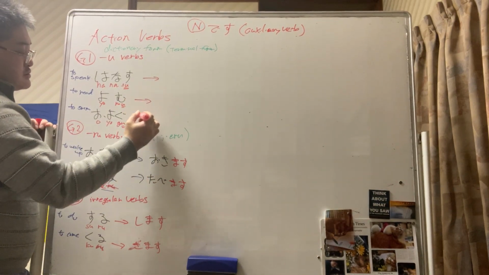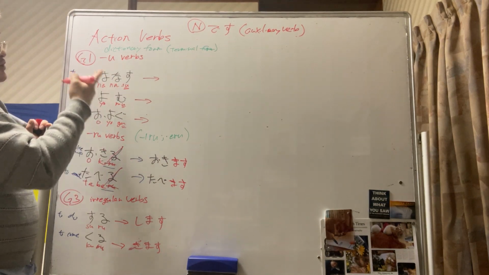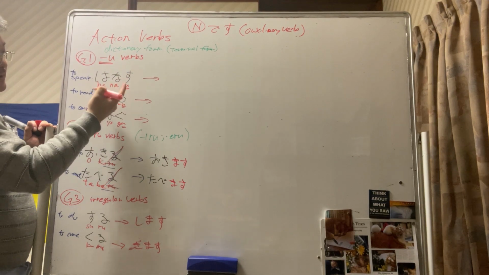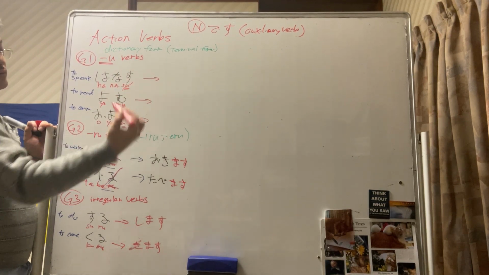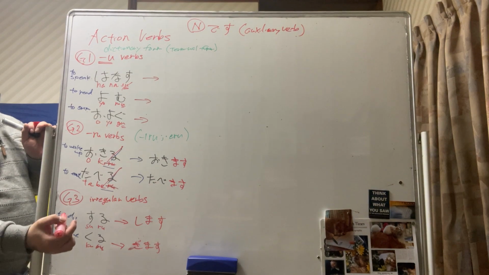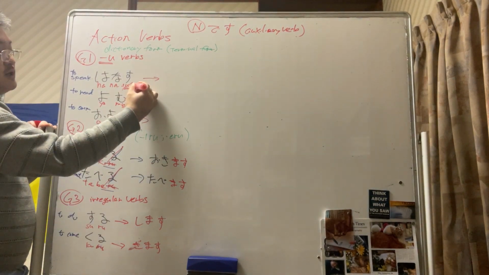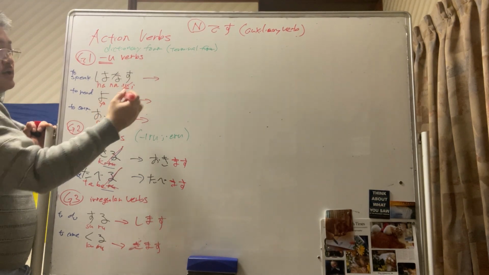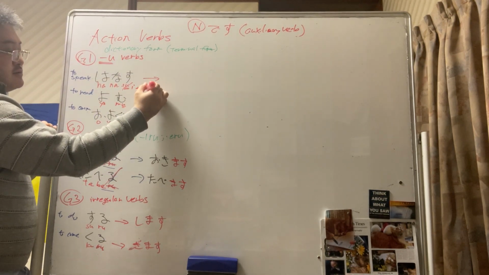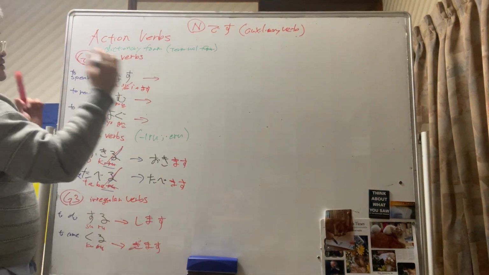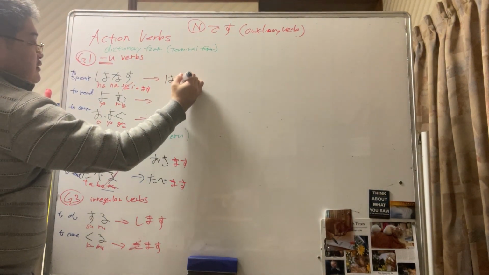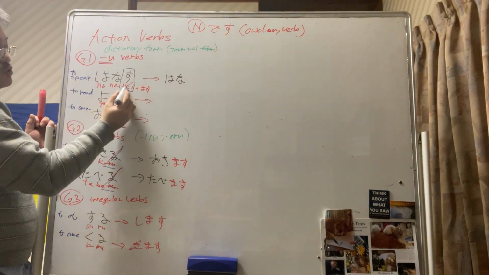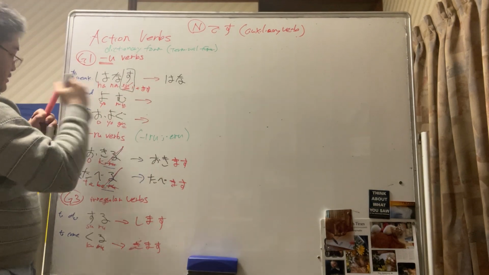What happens with these ones? The first group is called u verb because we only change the u in conjugating. For the first group you have to change this into an e sound, and then you add mas. So the hana does remain, but in this su part, the u sound changes into an e sound.